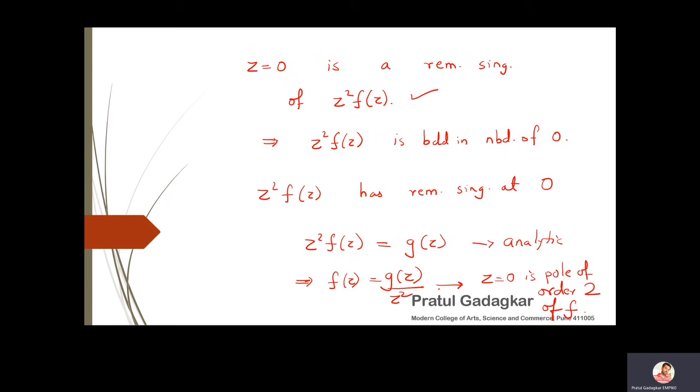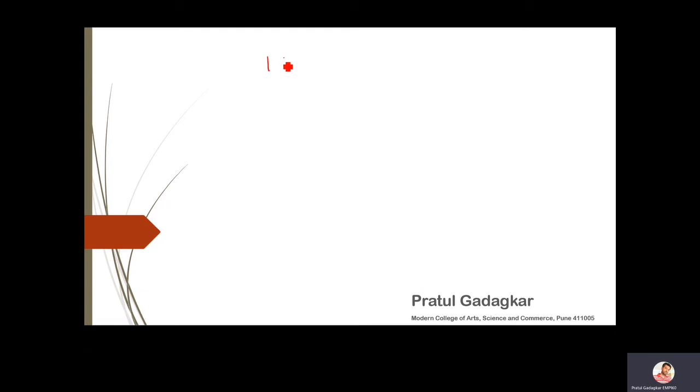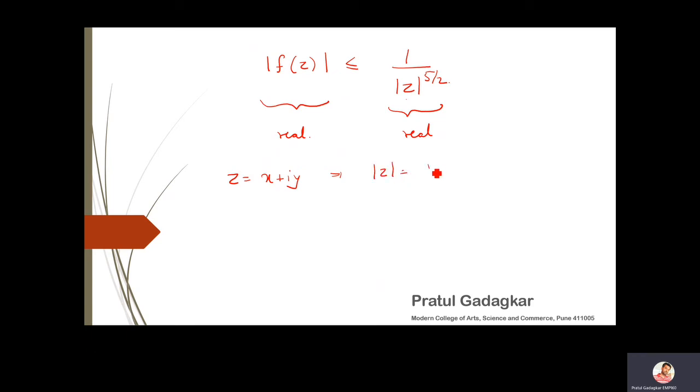So I will try to show how this function looks. Now just have a look at this. Mod f z is less than or equal to mod 1 upon mod z raised to 5 by 2. If you look at it graphically, this is actually a real number, correct? And this modulus of f z is also a real number. Now we all know that z is equal to x plus iy, so mod z is the square root of x square plus y square.